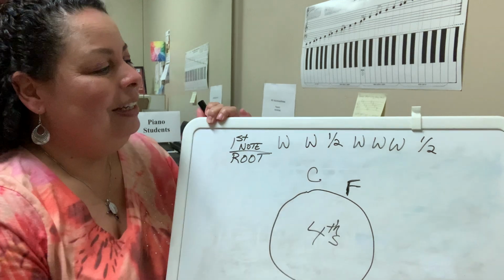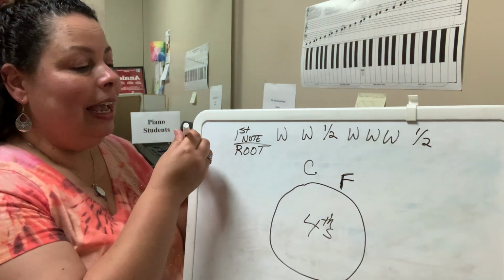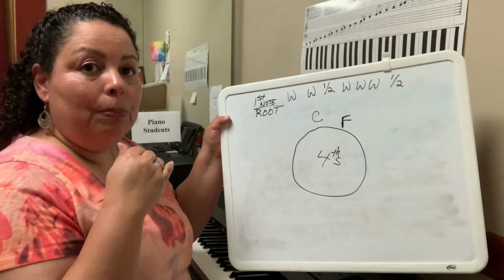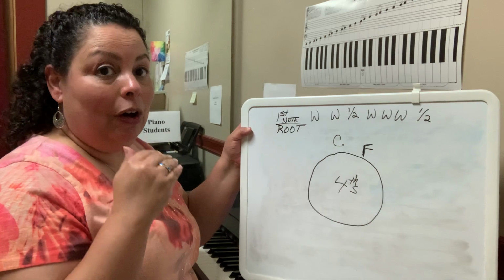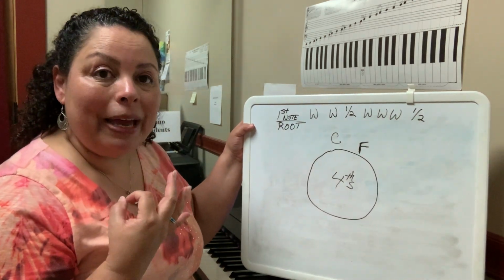So when you play your major scale, if you played all half notes, it would be what's called a chromatic scale.